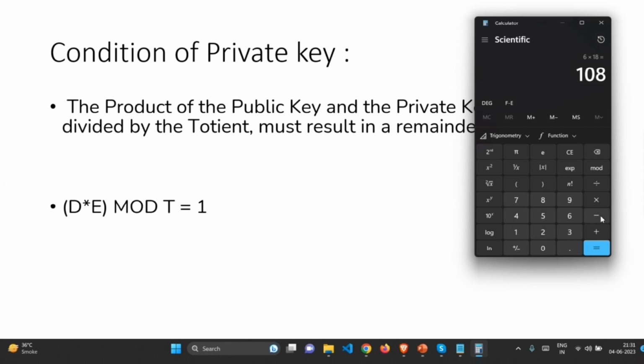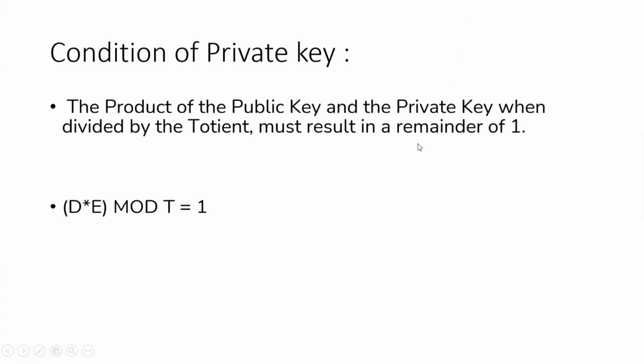D into E. So D is 41, into E, that is 29, mod T, that is 108, is equal to 1. So 41 as the private key satisfies this condition, so we can take it as a private key.